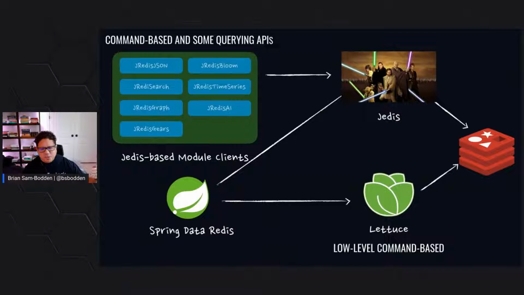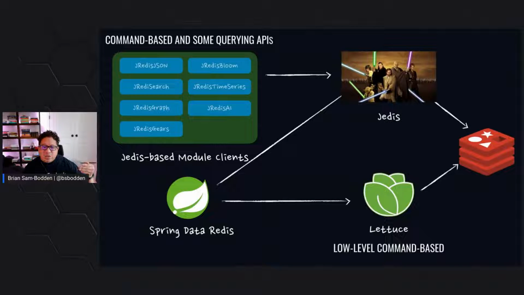That includes just the regular caching, like the cacheable annotation, but it also includes mapping of data entities to Redis hashes. That and much more: streams and phantom keys, a lot of different features in there.